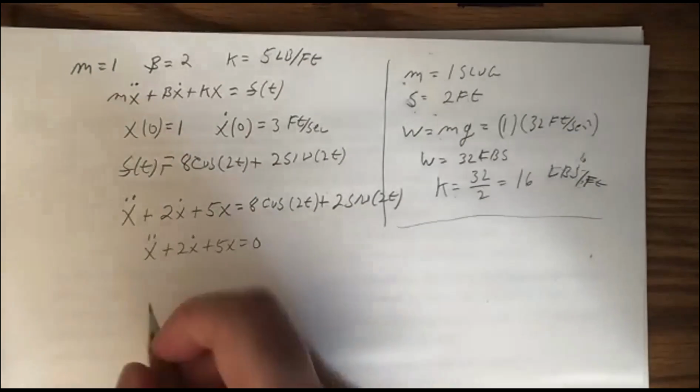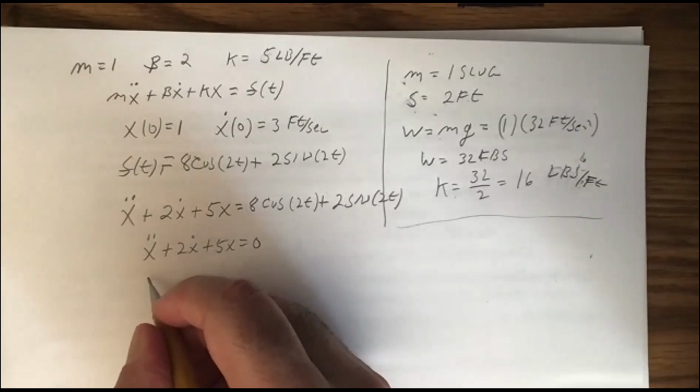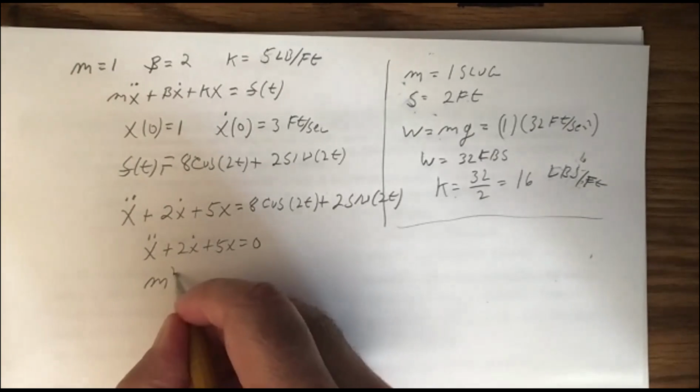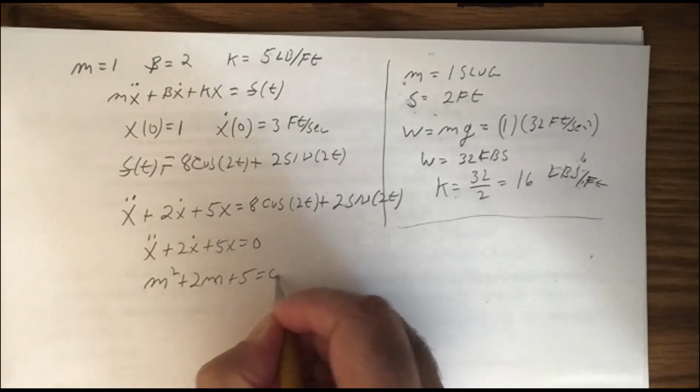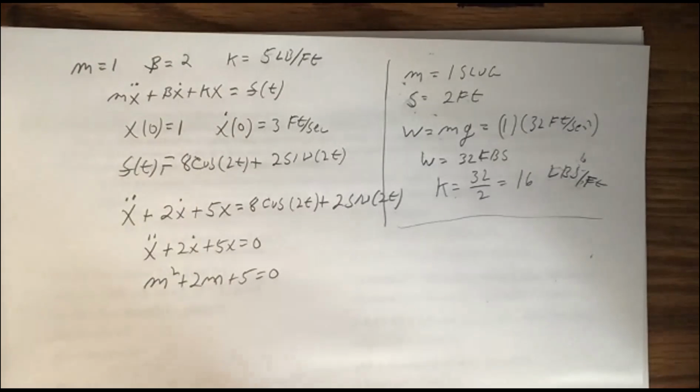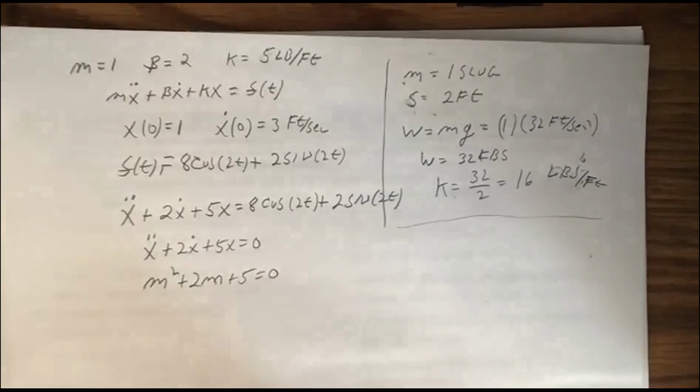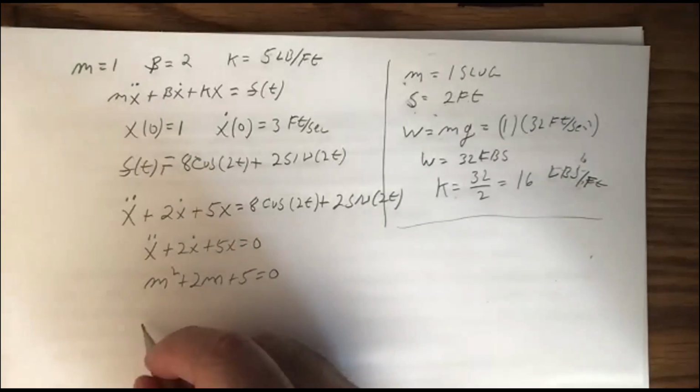So my auxiliary equation or characteristic equation becomes m squared plus 2m plus 5 equal to 0. And this is not factorable, so I'm going to use the quadratic equation.